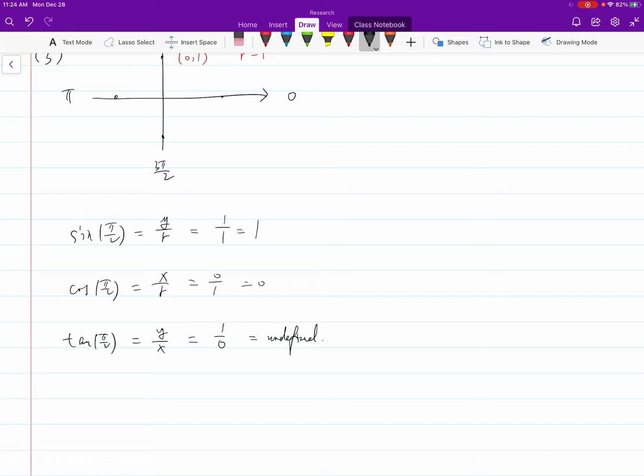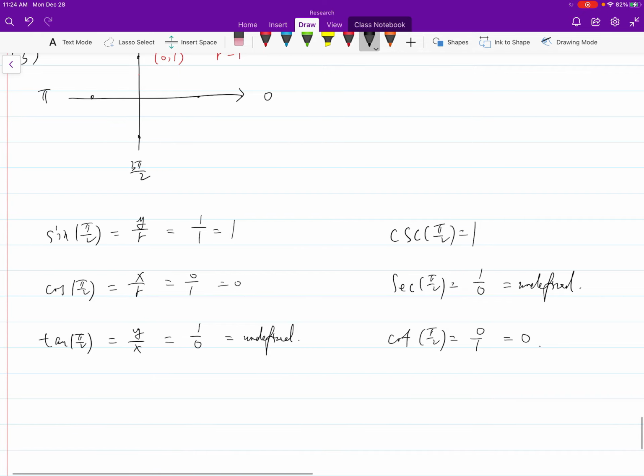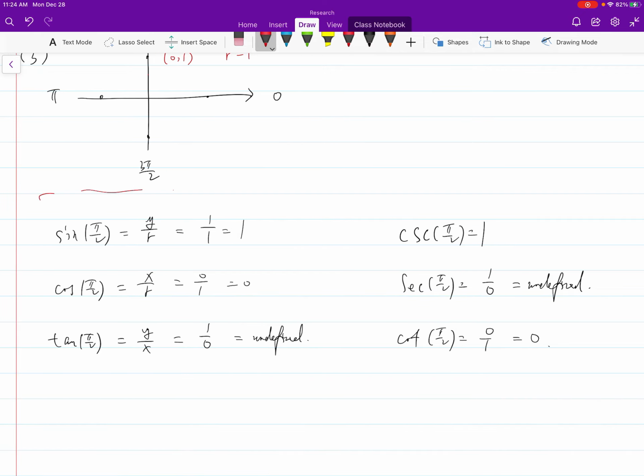So for tangent, we do have some cases where when we divide by x, if your x is 0, it's undefined. Similarly, the reciprocal, then undefined. That's everything we have for pi over 2.